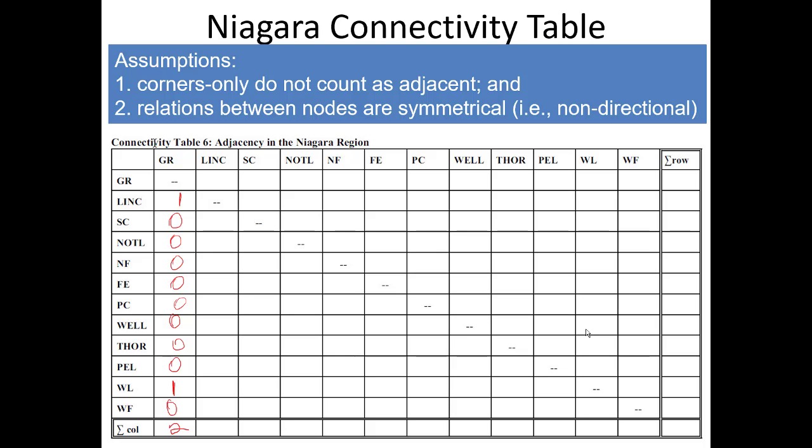So Lincoln, we see, has Grimsby, no, fiddlesticks, come back here. Yeah, Lincoln has Grimsby as a neighbor. It has St. Catharines as a neighbor. It does not have Niagara-on-the-Lake as a neighbor. Niagara-on-the-Lake is over by the Niagara River.